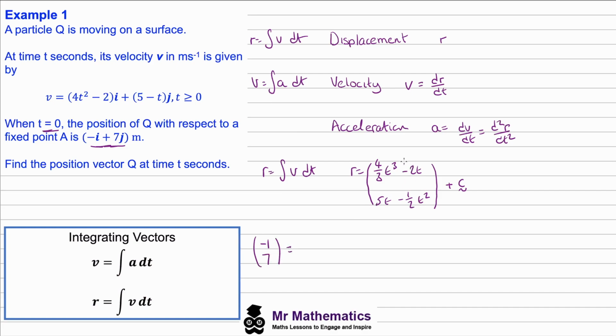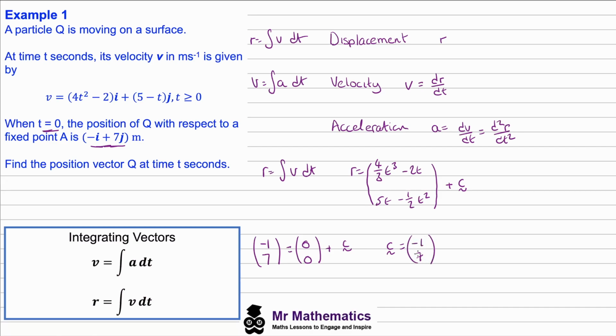And if we substitute in 0 as t into our expression for r, then we'll have 4/3 of 0 cubed minus 2 lots of 0, so 0. And then 5 times 0 minus 1/2 of 0 squared, so again 0, plus the constant term. So c, as a vector, must be -1 and 7.